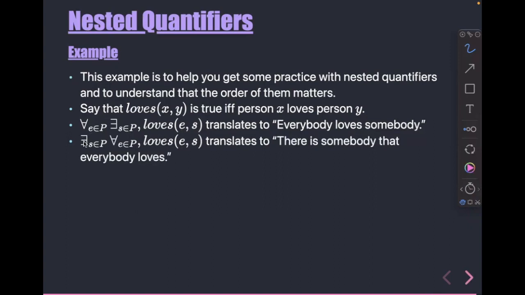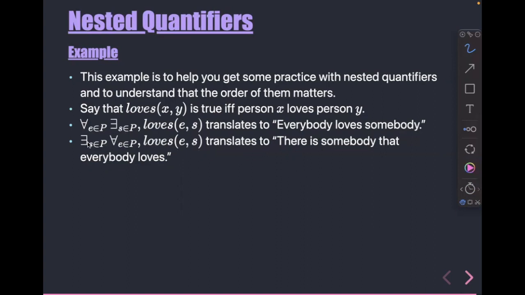Now, you can also say there exists an s in P, so there exists a person. Here I'm just swapping my quantifiers. There exists a person such that for all people, so this is the same again, right? I'm using the same quantifiers, I'm just changing the order. So there exists an s in P such that for all e in P, loves of e, s.